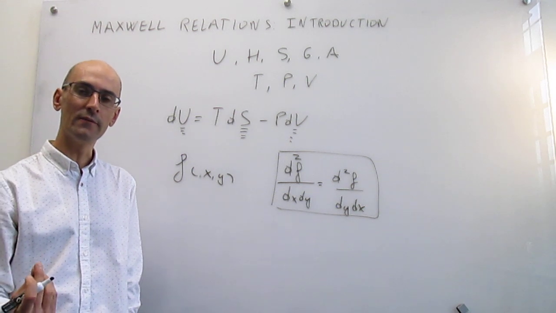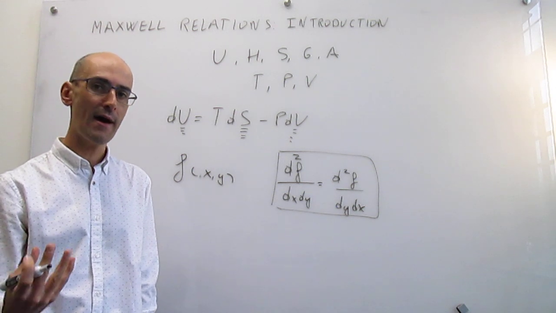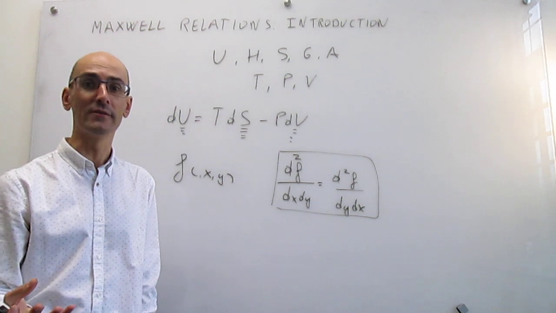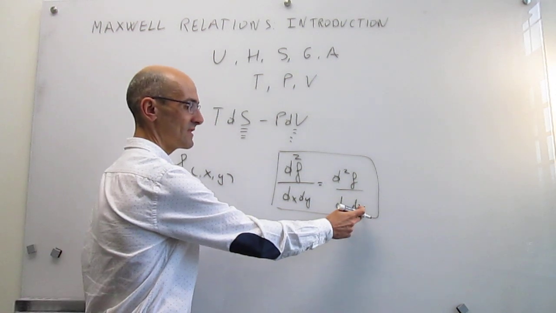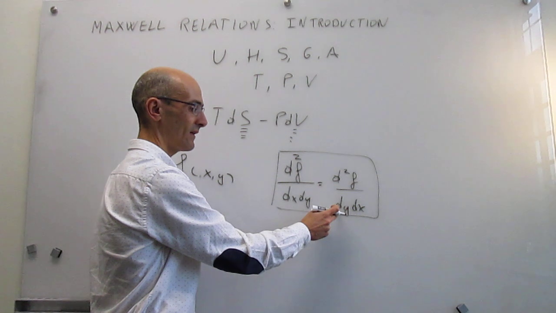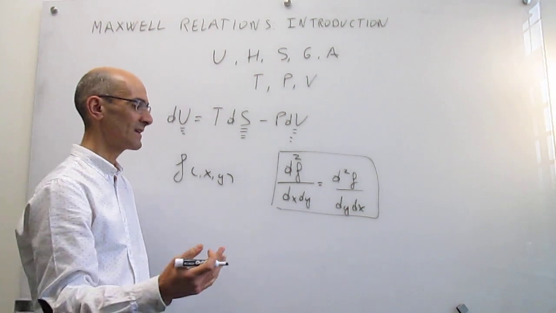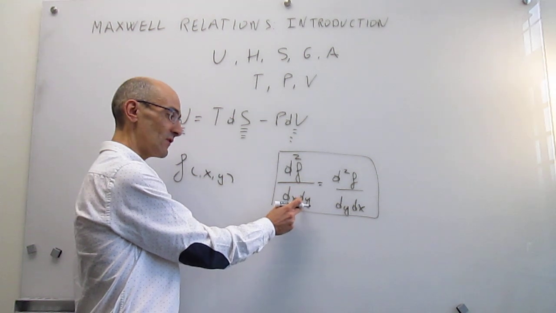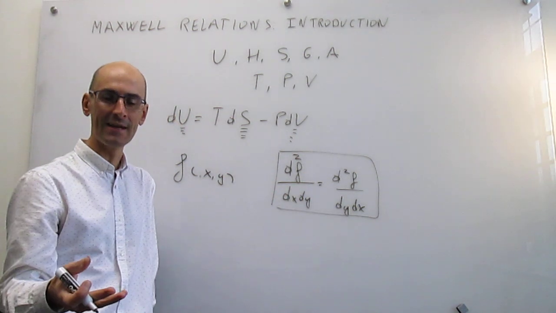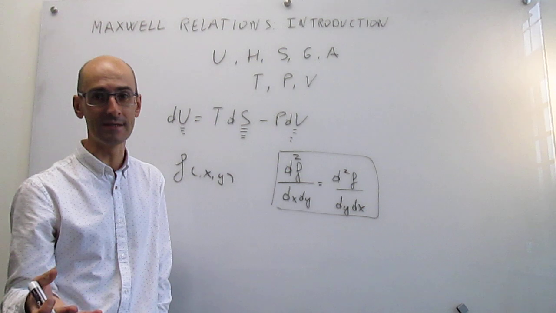Right, it turns out for state functions, the path is irrelevant, right? You can first change this variable, then change that one, and then the change to the function will be exactly the same one if you change first this variable and change that one, as long as the initial and the final points are the same, right?